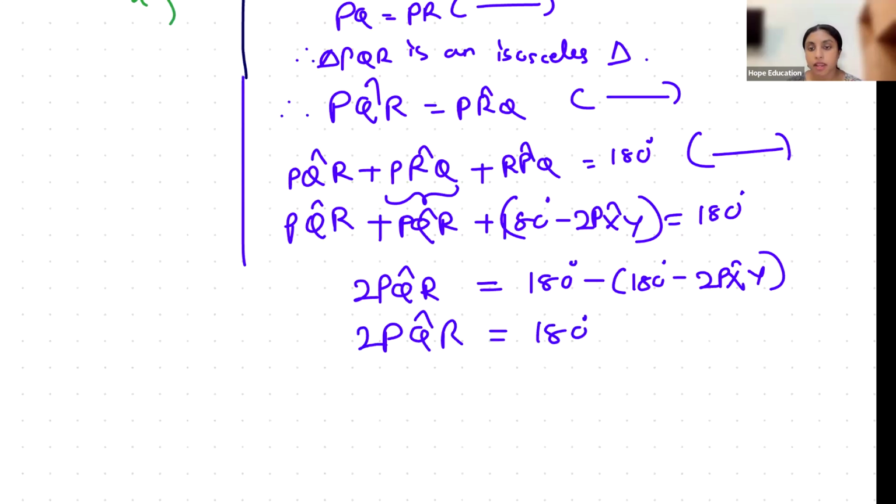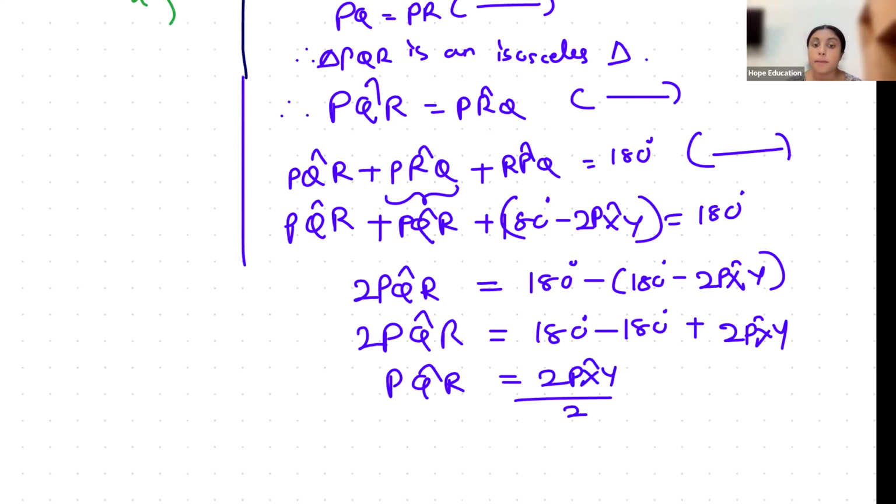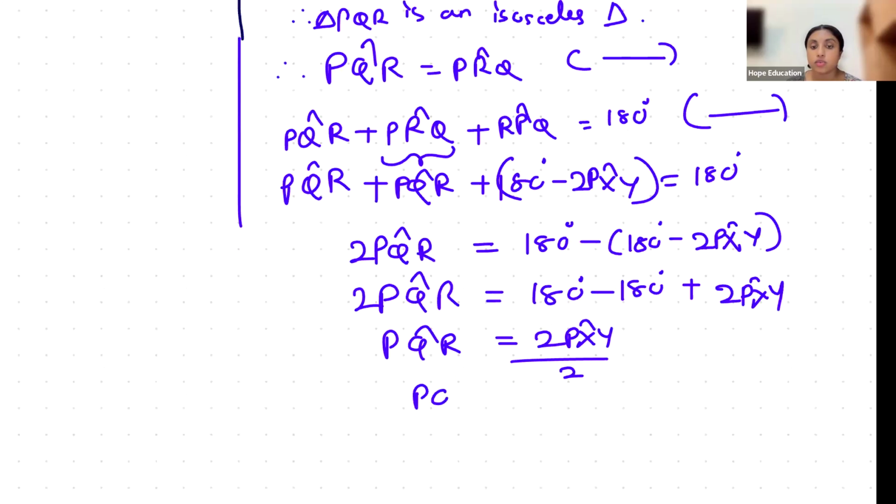So 2PQR equals 180, minus times plus is minus, minus times minus is plus 2PXY. Then 2PQR equals 180 minus 180 is 0, so I have 2PXY. That has to be divided by 2. So PQR is equal to PXY.